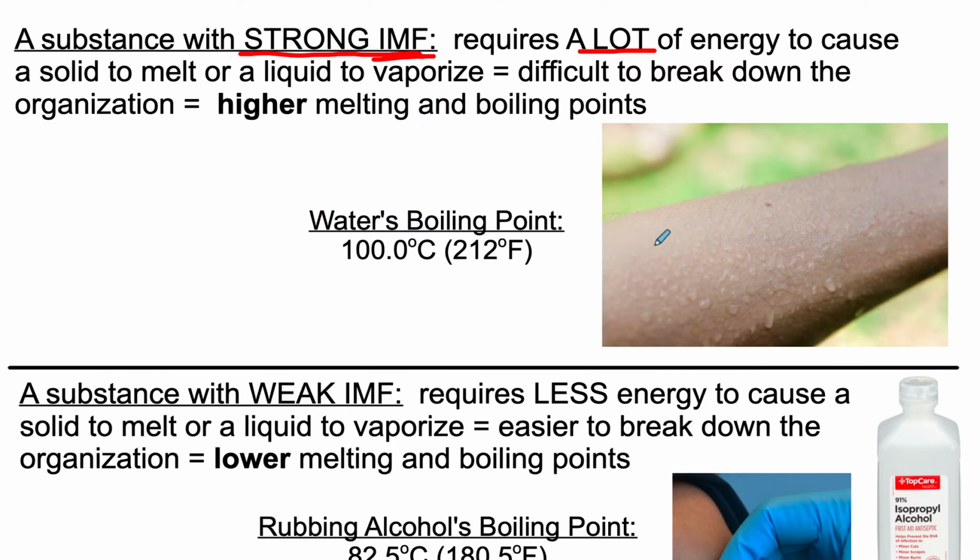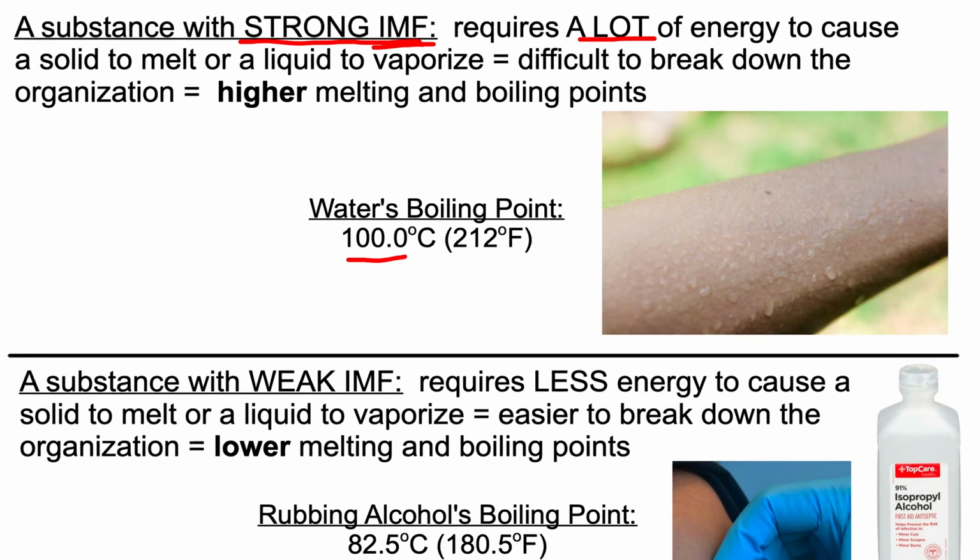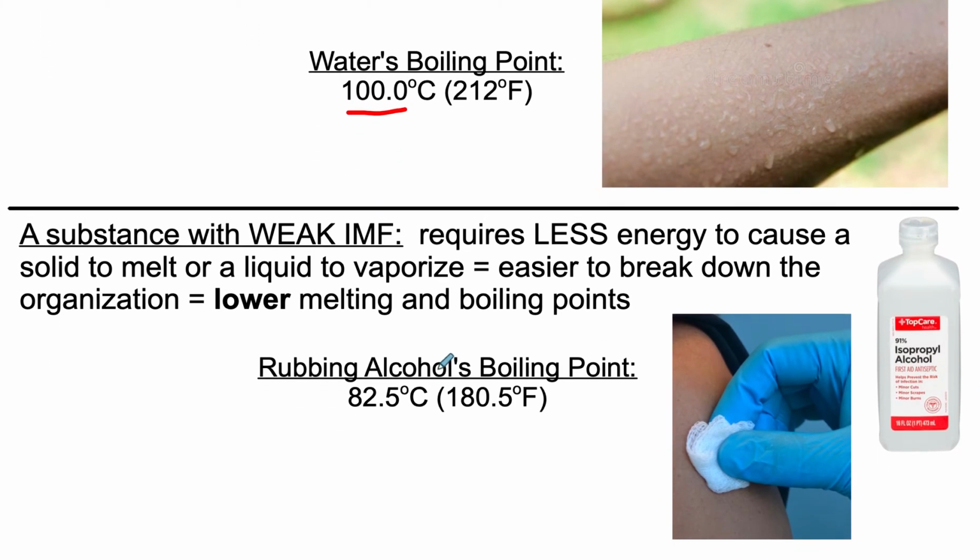Think about water. If water was poured on your skin, that water would eventually evaporate, but it might take a little while. If we put that water in a pot and wanted to boil it, we would have to raise the temperature to 100 degrees Celsius if we wanted to boil all of that water all at once. Now, let's take a look at alcohol. Imagine getting a shot at the doctor's.